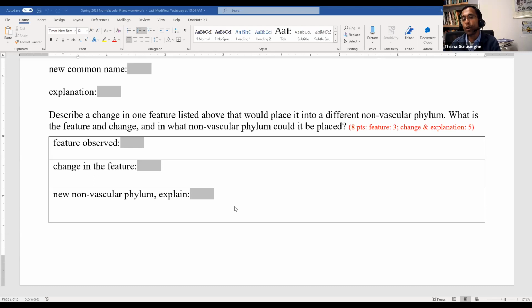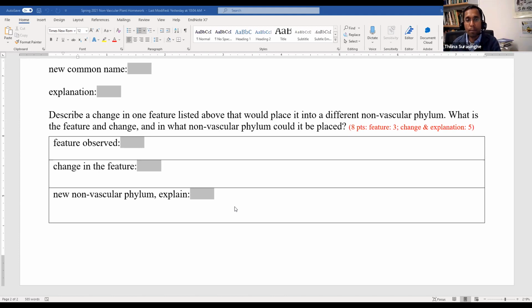Or if you observe that the sporangia splits across the middle, well, that's a characteristic feature only unique to hornworts, right? And Anthocerophyta. So you can then assign from your previous decision to a different decision. So those are 3 different examples that you can directly use, right?